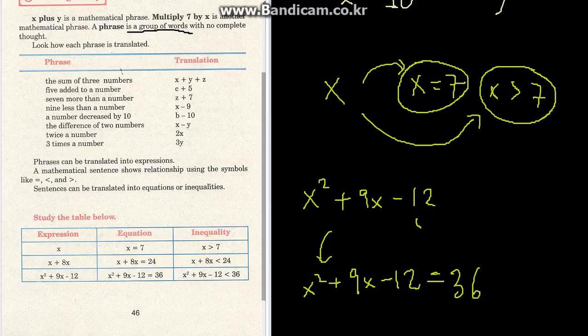Or this can be translated into an inequality: x squared plus 9x minus 12 is smaller than 36. So if you use this kind of symbol, then it is an inequality. If you use this kind of symbol right here, that's an equation. Okay, so now let's move on to another section.